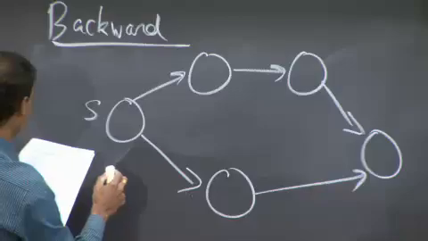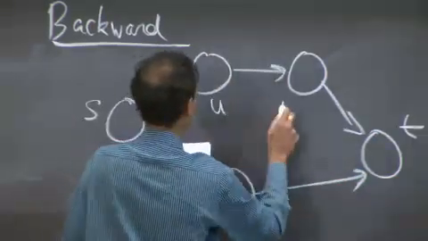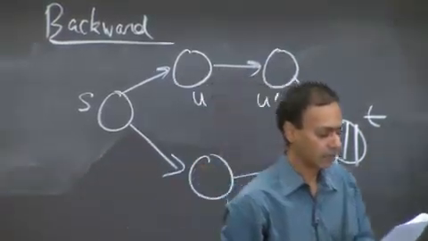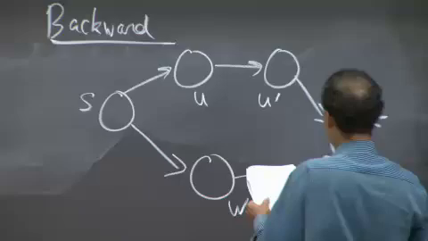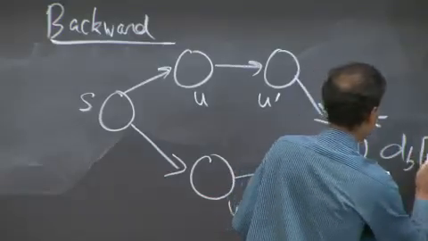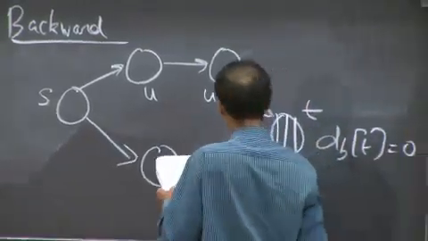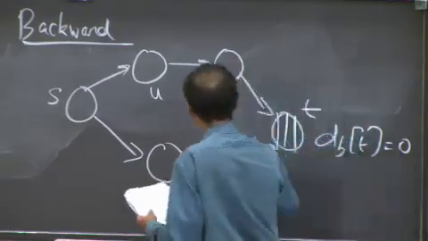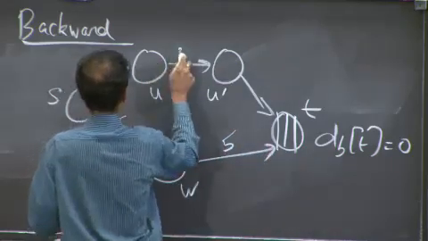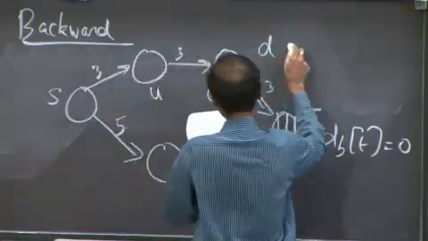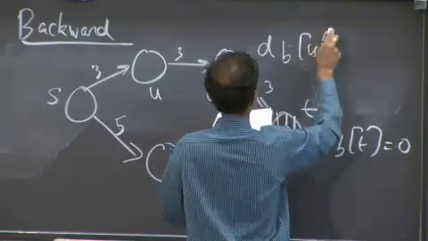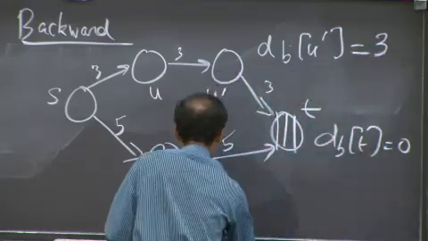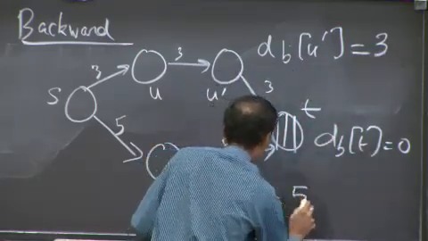So I have S here, T there, U, U prime, W. I'm going to hash this vertex vertically, because that's my backward search. dB of T equals 0. I'm going to follow this backwards and this backwards, and my weights are the same. It's the same graph. So I'm going to have dB of U prime equals 3 and dB of W equals 5.